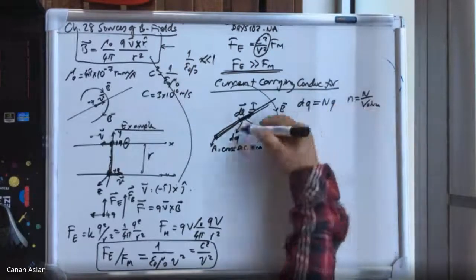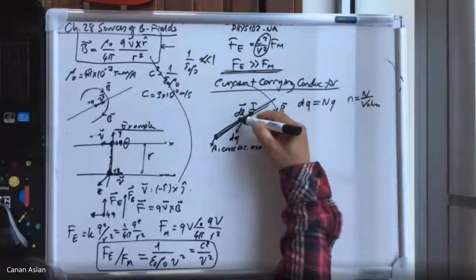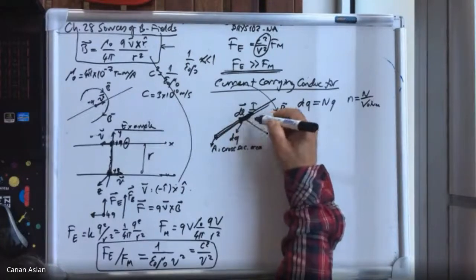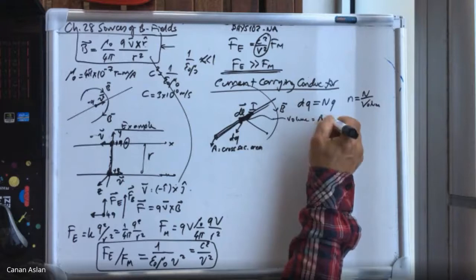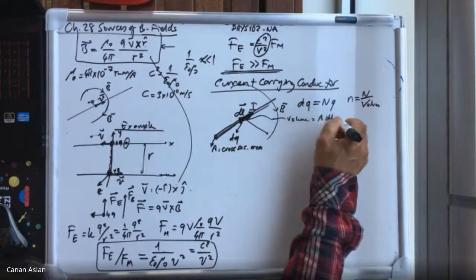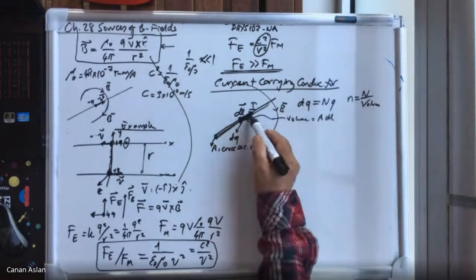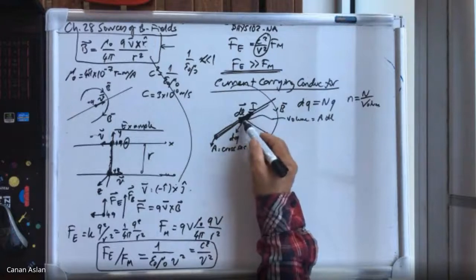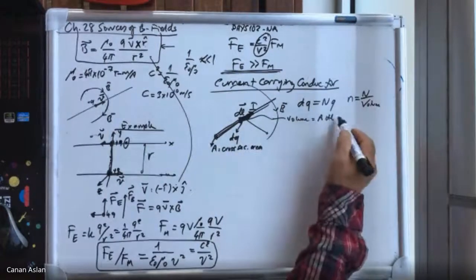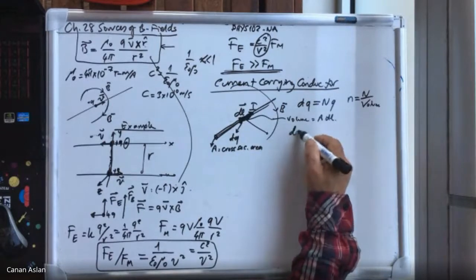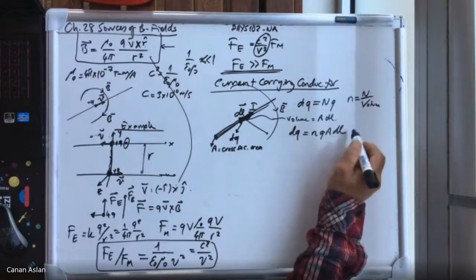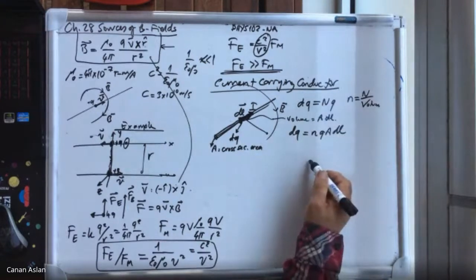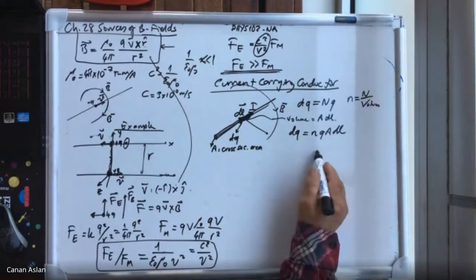But the volume of the cylinder is just A times dl, because the height of the cylinder is dl and the cross-section area is A. So if you put everything together, you see that dq is equal to nqA dl. We did this kind of calculation earlier.